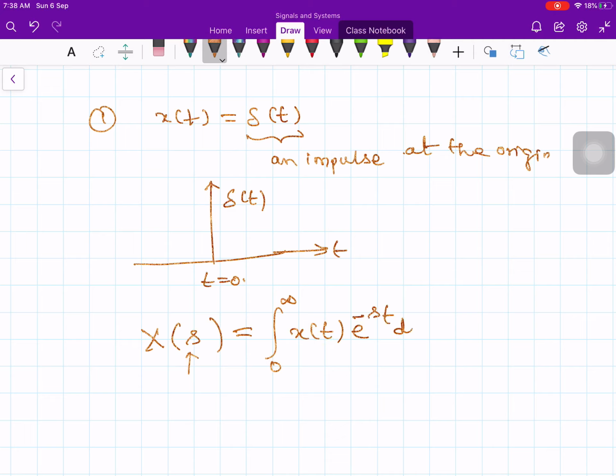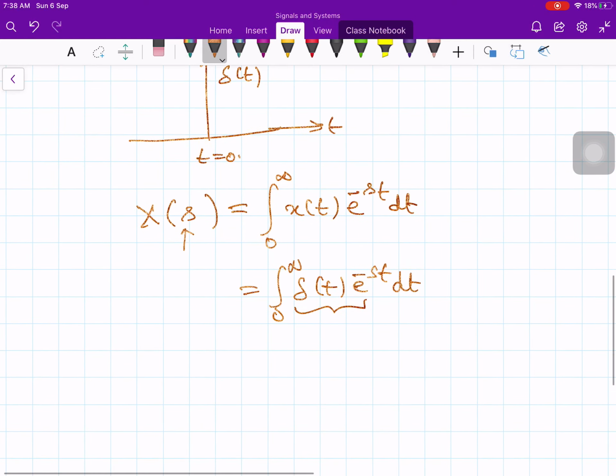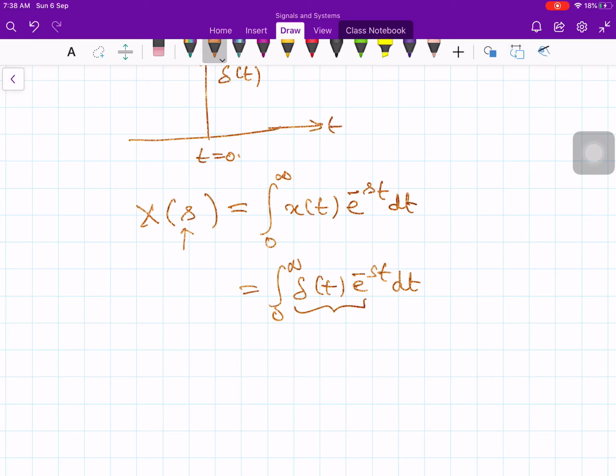Now what is x of t here? It is del of t, so the integral is del of t times e to the minus st dt, with limits 0 to infinity. Now you apply the multiplication property of del of t. This del of t times e to the minus st is equivalent to del of t times the value of e to the minus st at t equals 0.